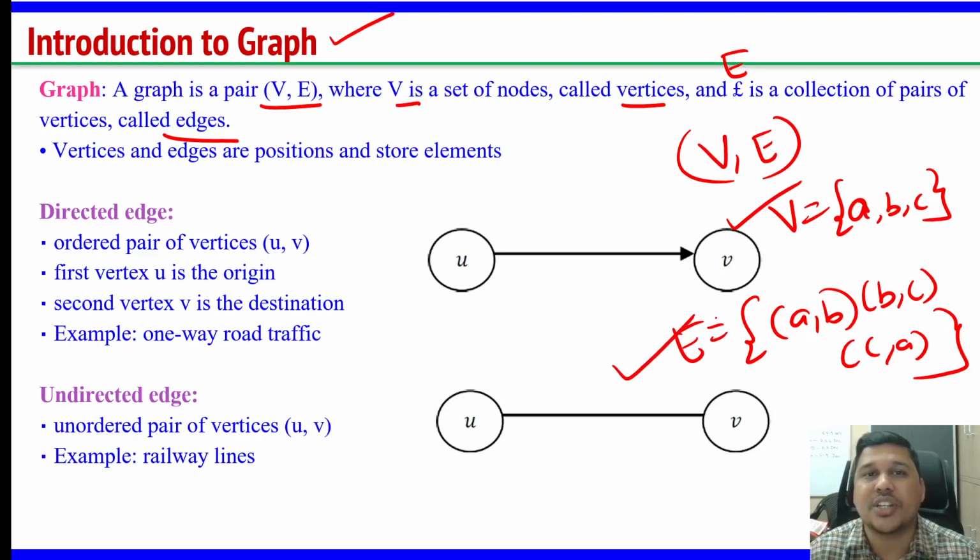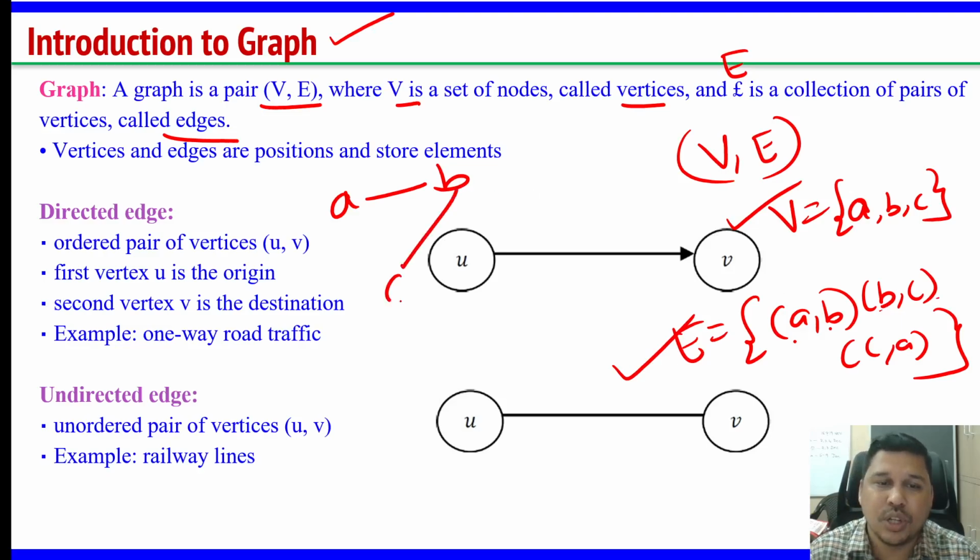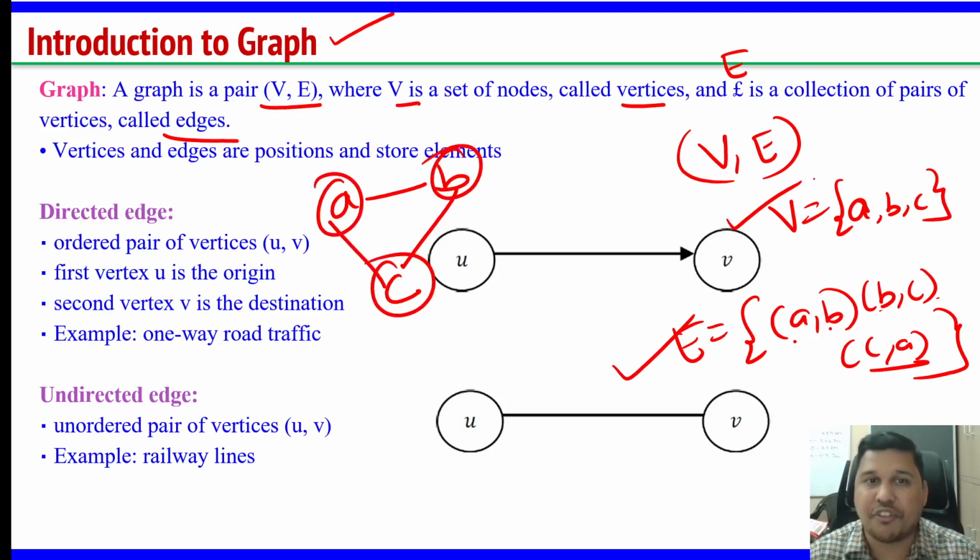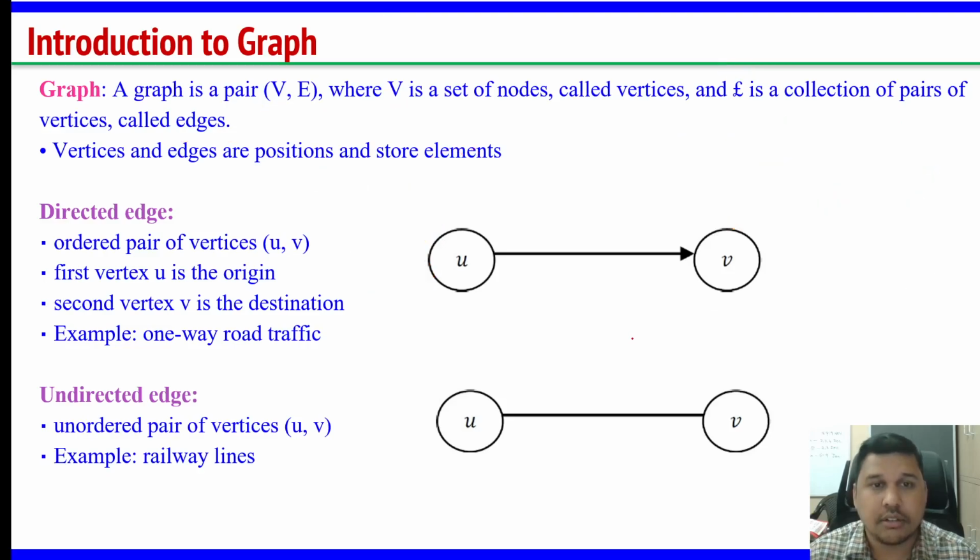With this you can construct a graph. How? Here A comma B means there is a path from A to B, B comma C means there is a path from B to C, C comma A means there is a path from C to A. So, this is your graph. The number of vertices is given by V and the edge formation is given by the set E, right.